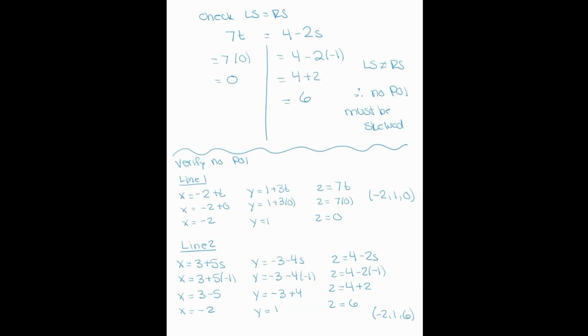When we substitute t equals 0 into line 1, we get a point of -2, 1, 0. Verifying with line 2, when s equals -1, we get a point of -2, 1, 6. So there is no common point of intersection, therefore these lines are skew.